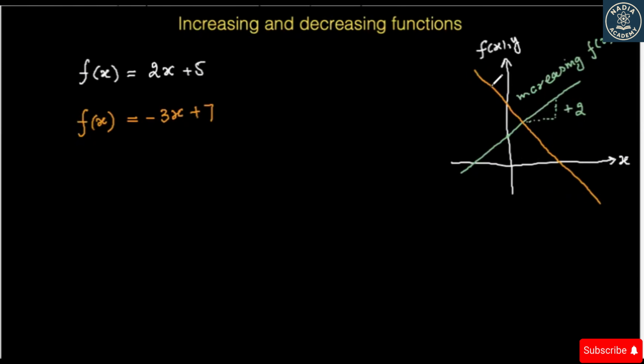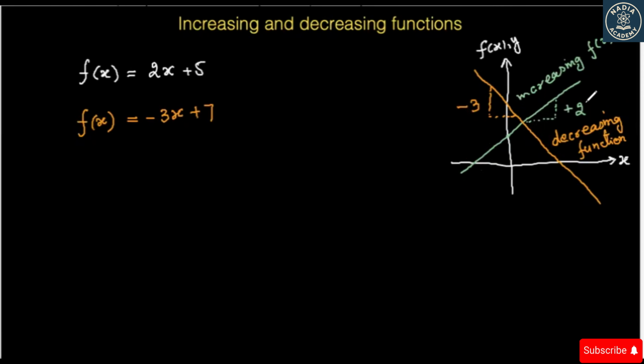This decreasing function has a gradient of negative 3, so this one is a decreasing function. There are two things we need to keep in mind to decide about decreasing and increasing functions: the increasing independent variable x and the gradient.